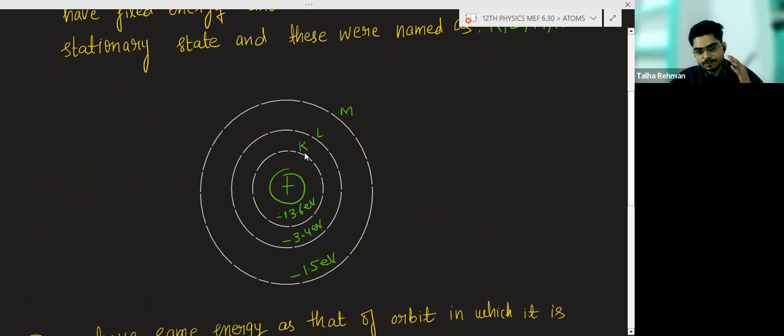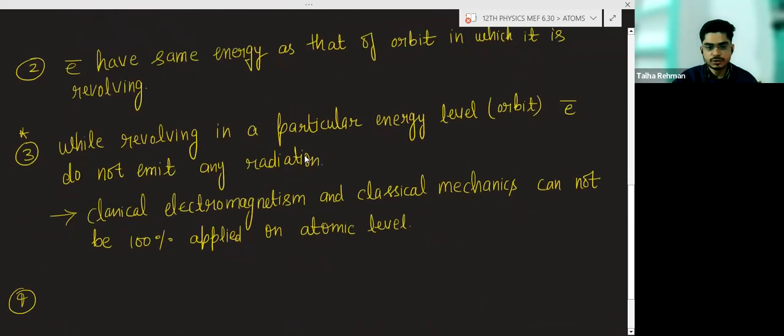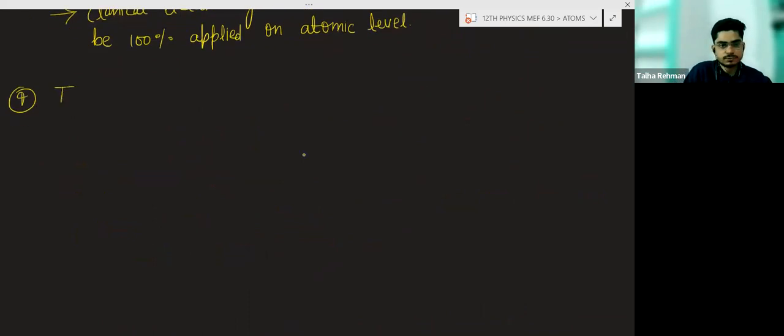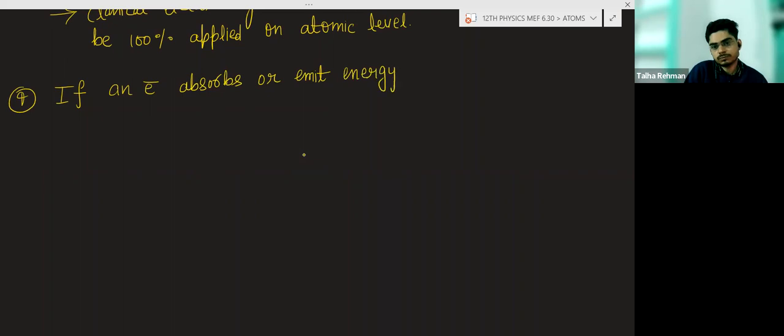If the electron is revolving at the L energy level and loses some energy, it will come to the K. So if an electron absorbs or emits energy, it must move to a different energy level.